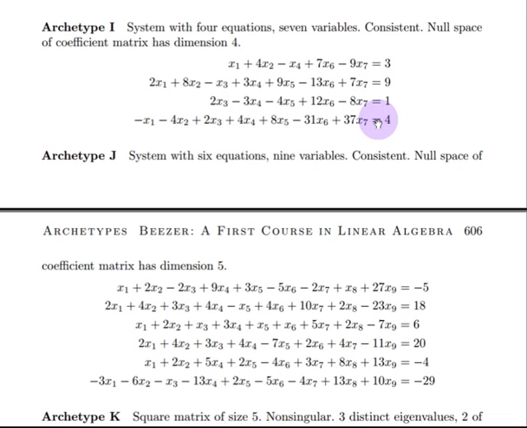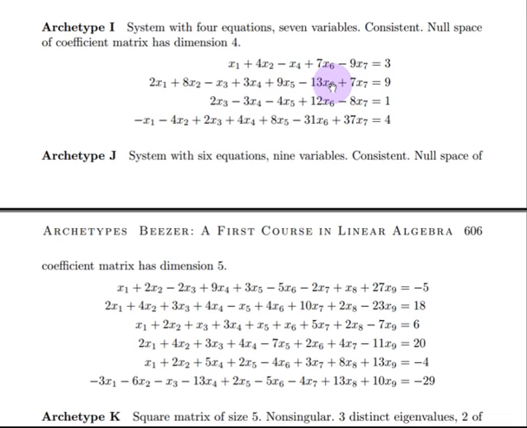What does that actually mean? That means, if you think about it, that this vector 3, 9, 1, 4 must be a linear combination of the columns of this coefficient matrix. That means that 3, 9, 1, 4 must be in the span of A1, A2, A3, A4, A5, A6, A7. It's in the span.